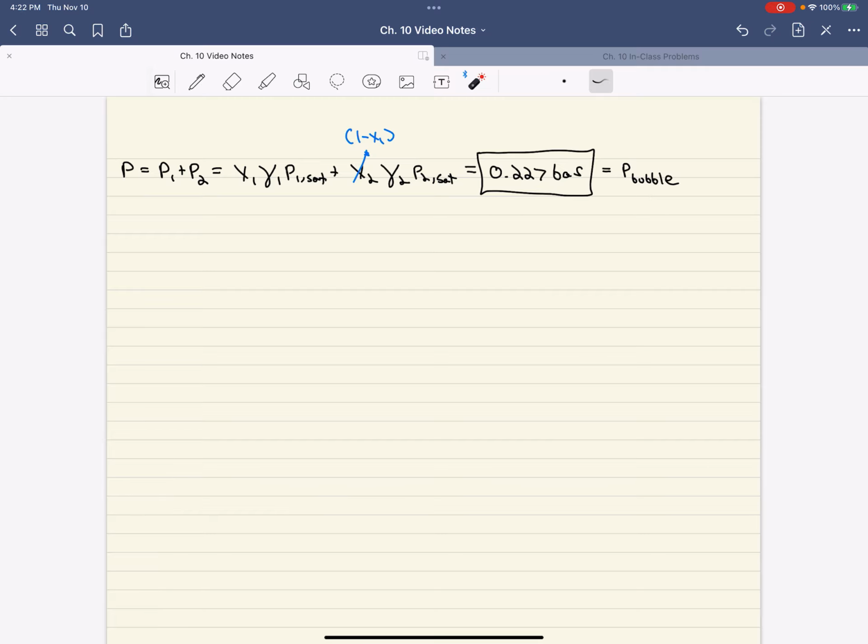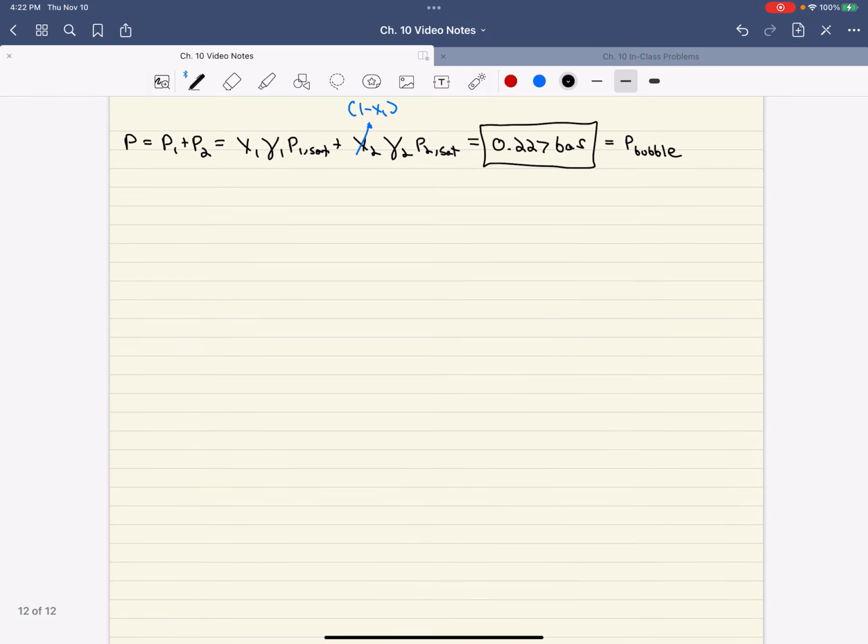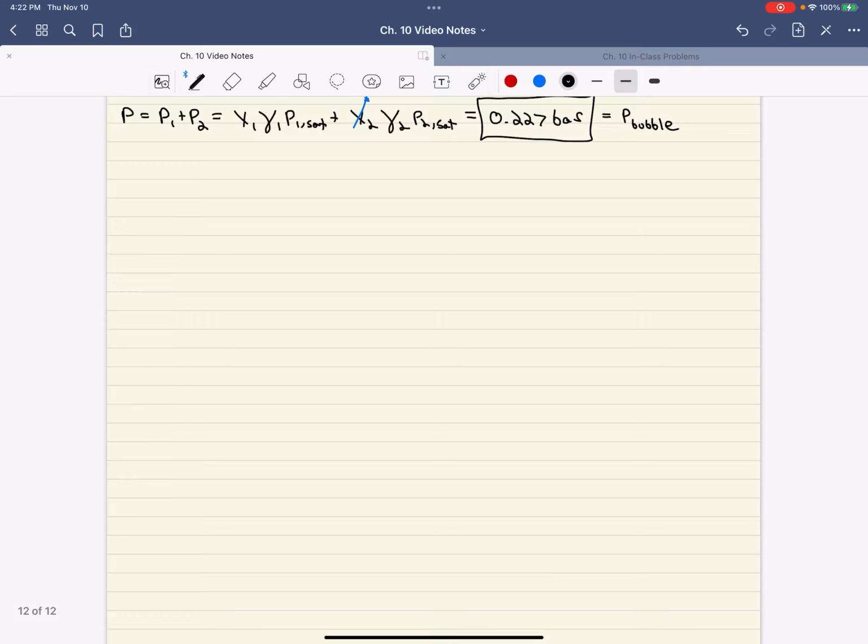All right, now that we've calculated our bubble point pressure, the other thing we could do is calculate the y value that corresponds to this bubble point. So P1 we know is equal to y1 times P, which is gamma 1 P1 sat. Okay? This P here is going to be our bubble point pressure. And so really the only unknown we have now is y1.